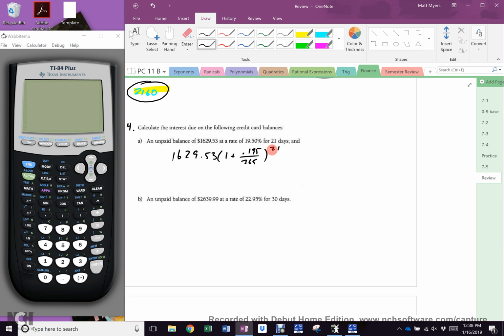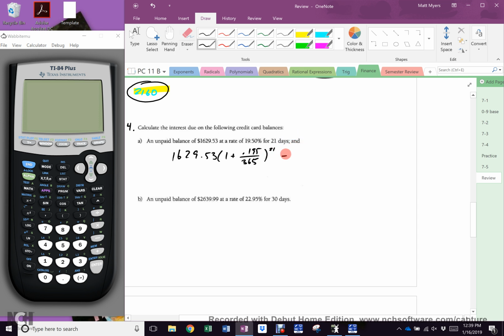In the course of the whole year, there wouldn't be a divided by 365 because it would be 1950 for the year. Okay? All right? But because I am going daily, I find the daily rate, and I have to have it as 21 because it's not happening that many times. It's only happening 21 times. Okay?